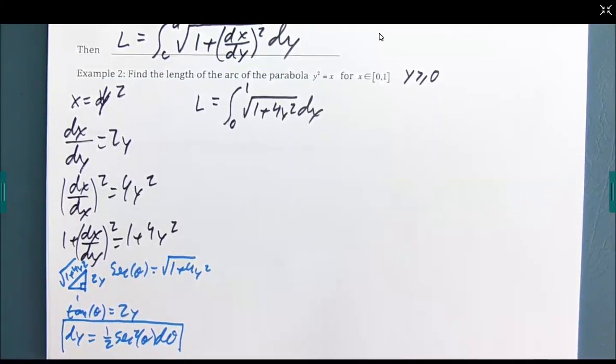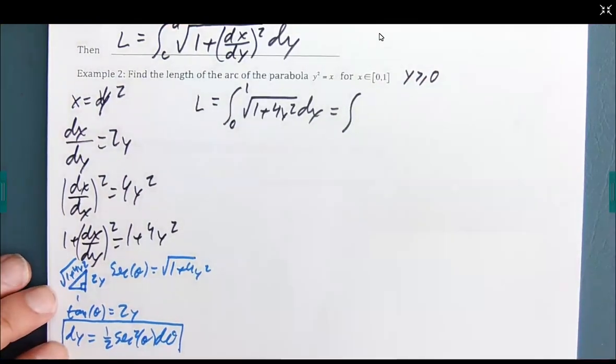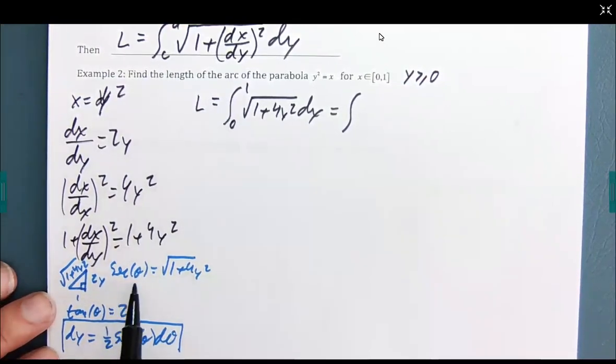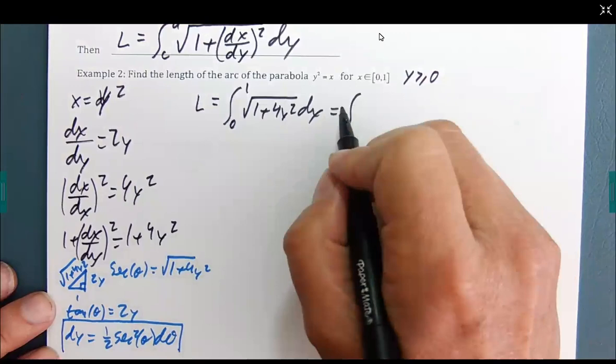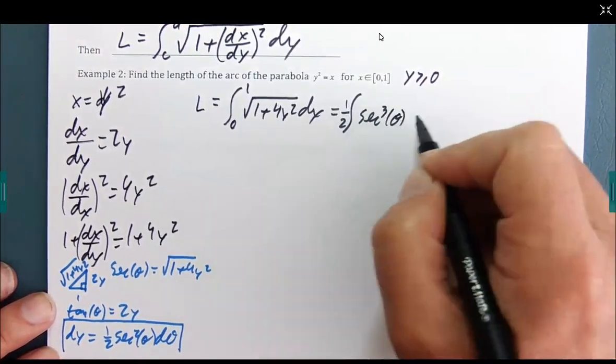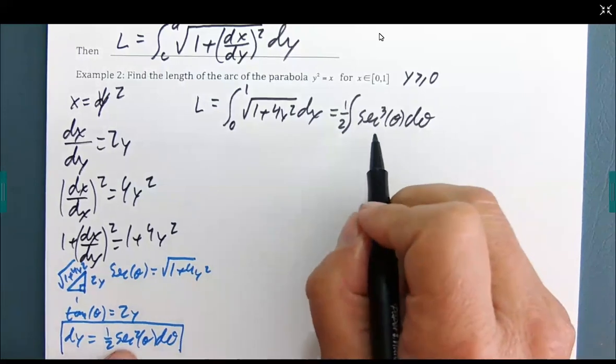And when I put all of that together, unlike the previous one, I'm not going to convert the boundaries. I'm going to go all the way back to y when I'm done. So I'm just going to leave those blank for now. But I need to know that this ends up being that, which is secant theta, times that. So we get a 1/2 secant cubed theta d theta. So there's my secant theta times my secant squared theta to give me the secant cubed theta.